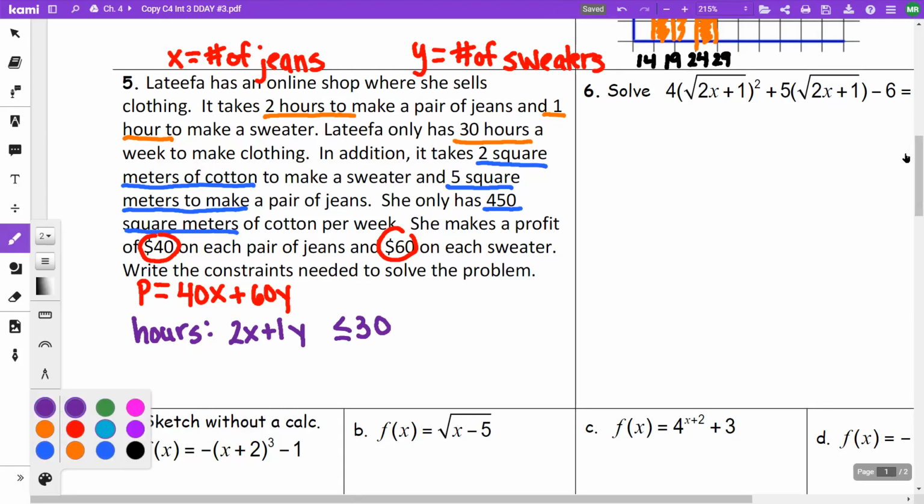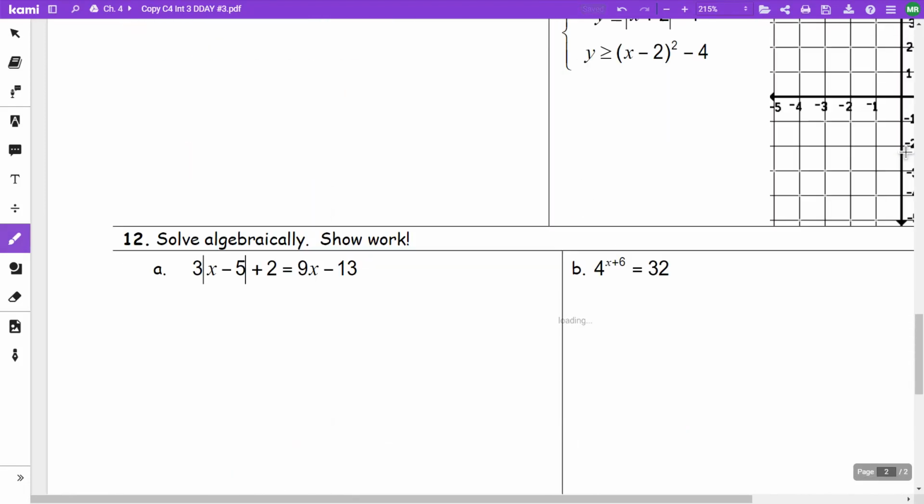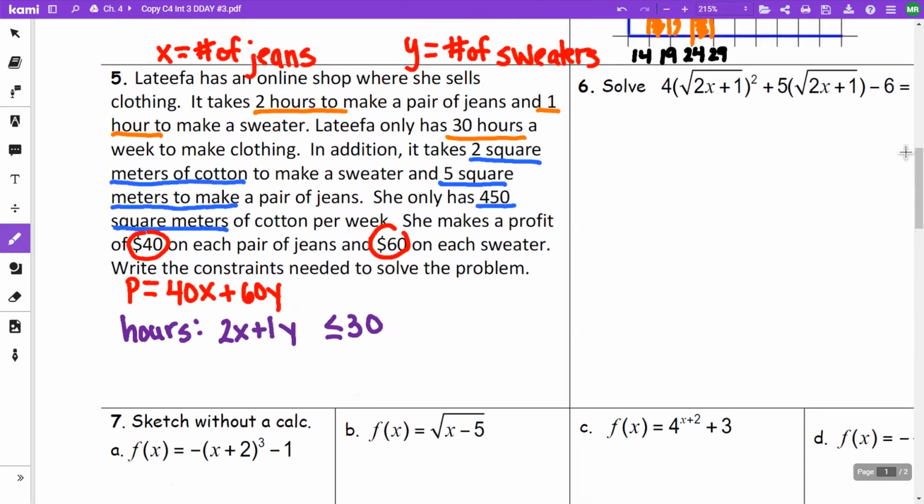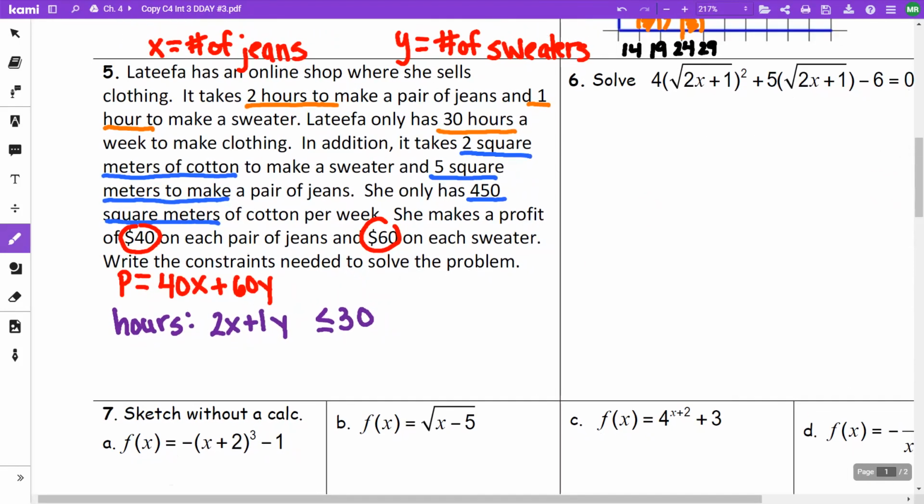Then I'm going to have another constraint on cotton. So for cotton, we have 450 square meters, and it takes 2 square meters of cotton to make a sweater, and 5 square meters of cotton to make jeans.